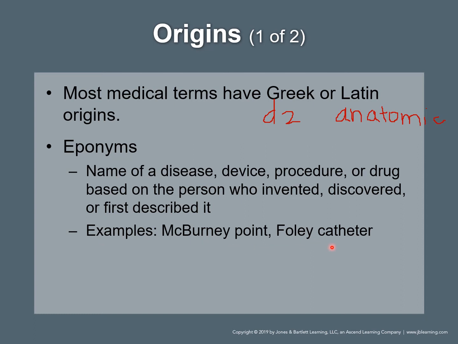This often includes the name of the physician or surgeon who either discovered, described, developed, identified, or invented a particular anatomic part or region, physiologic function or process, disease or syndrome, diagnostic or surgical procedure, treatment protocol, or instrument. It sometimes appears in possessive form, such as Hodgkin's disease, and sometimes not, Hodgkin disease.